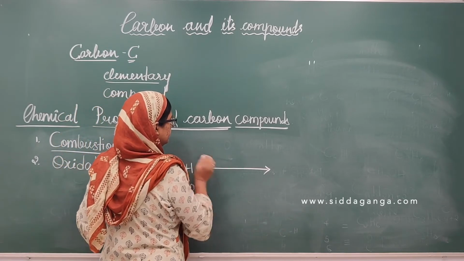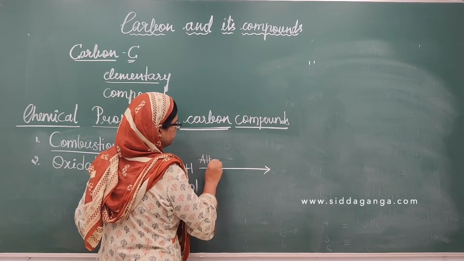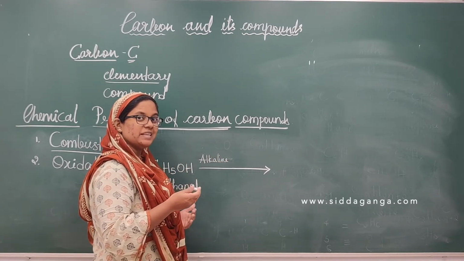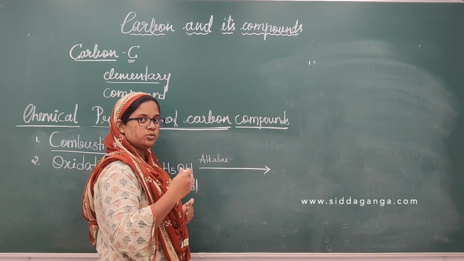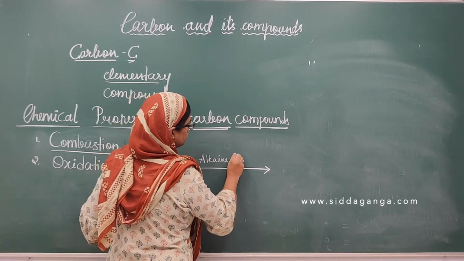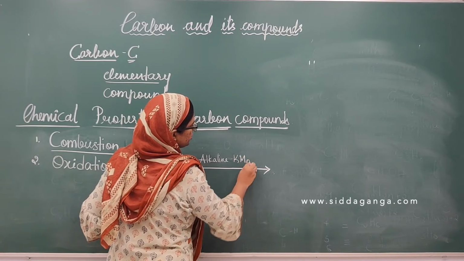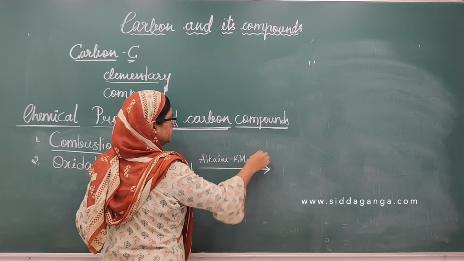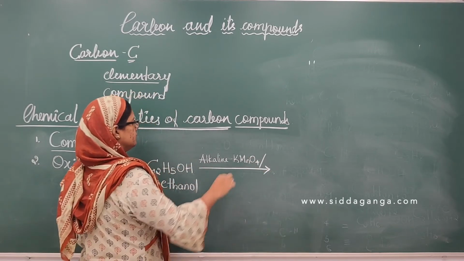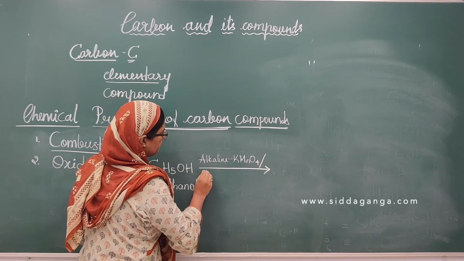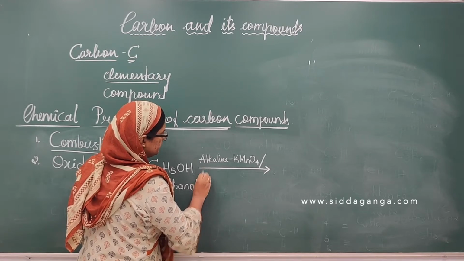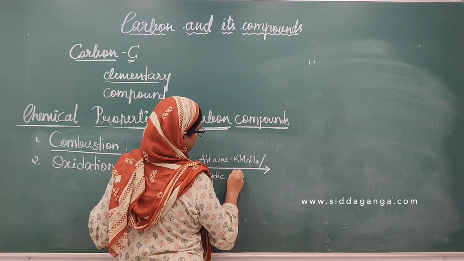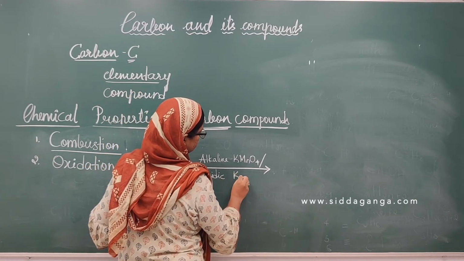When ethanol is in the presence of alkaline, meaning a compound with basic property, that is, its pH is more than 7, alkaline potassium permanganate, KMnO4, or you can also take the catalyst as acidic potassium dichromate.